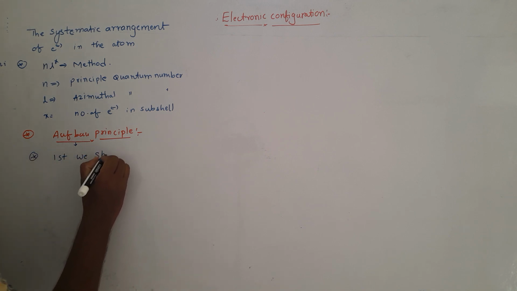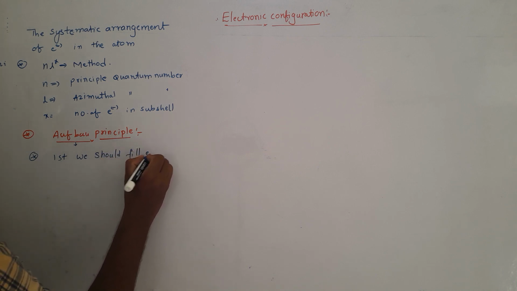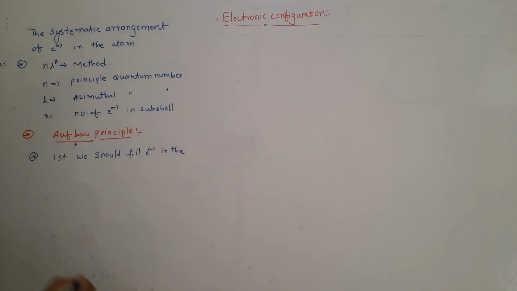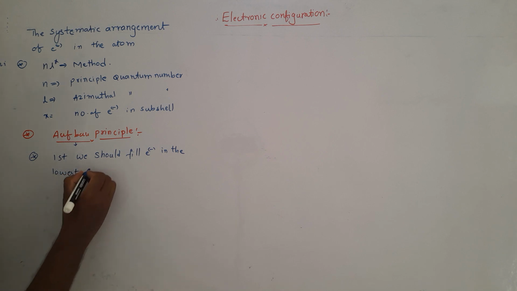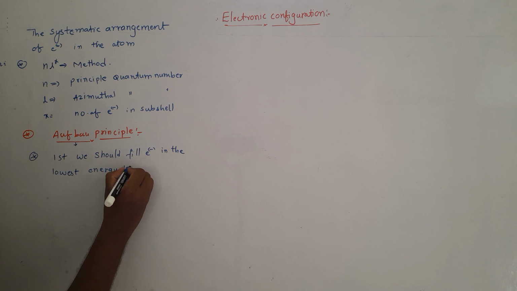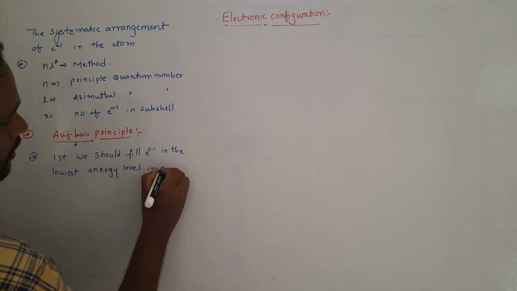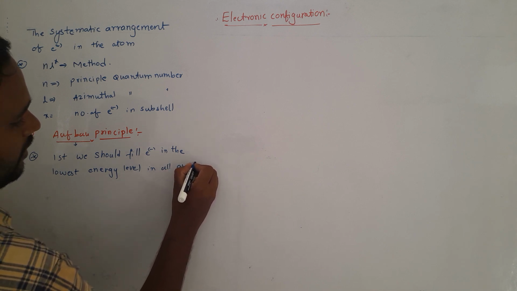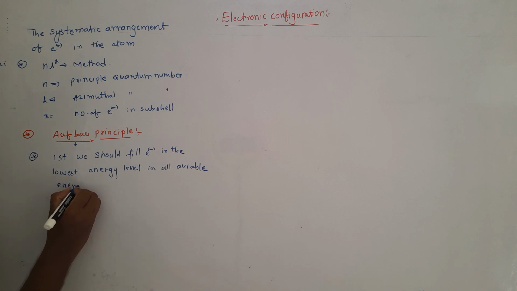According to Aufbau rule, first we should fill electrons in the lowest energy level among all available energy levels.